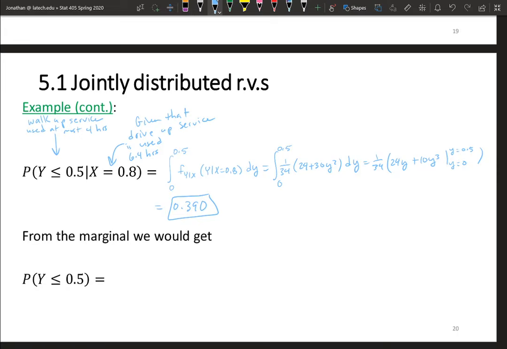If we were just looking at the marginal PDF, like we just want to know what's the probability that the walk-up service is used 4 hours. So this is just a probability. In general, probability that walk-up service is used at most 4 hours in one day.